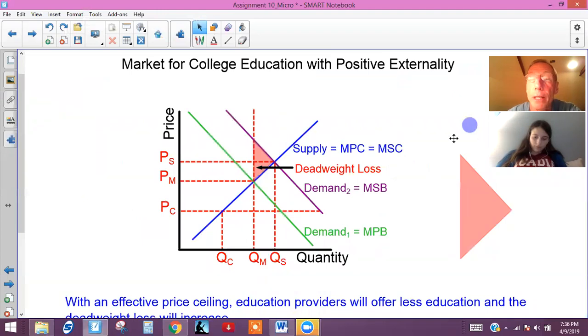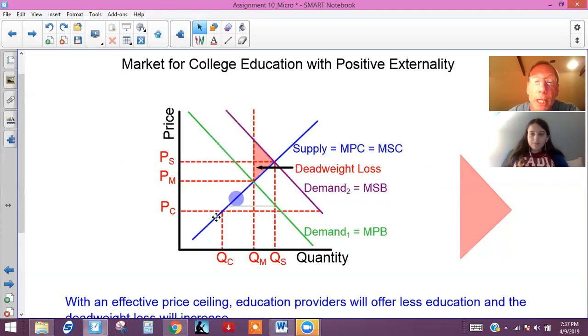So you need to draw in your demand one, which is your marginal private benefit. And because it's a positive externality, you're going to have a higher demand two curve, which is your marginal social benefit. You're going to mark where marginal social benefit equals your supply equals marginal private cost equals marginal social cost.